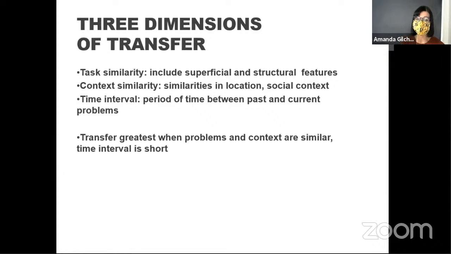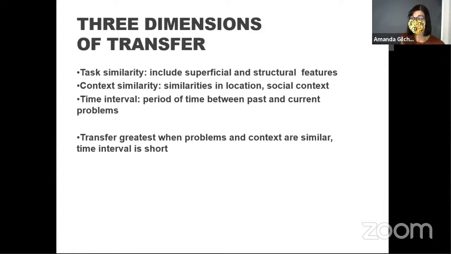We also have context similarity. So noticing similarities in terms of location and social context. And then the time interval, the period of time between when you get one problem and you get another problem. So with context similarity, that could be, are you solving both of these problems in school?